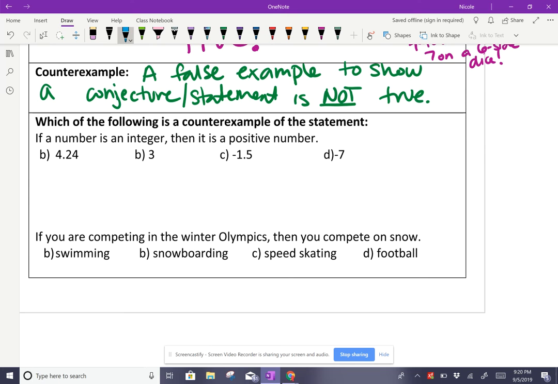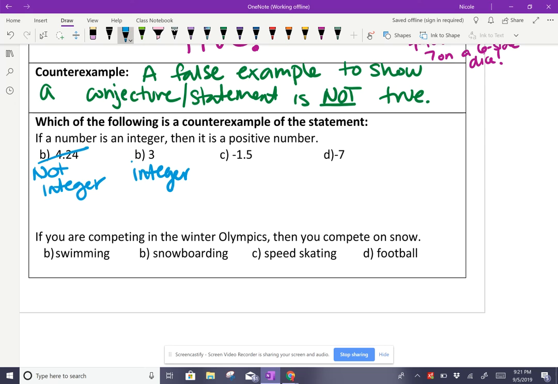So if we look at our examples, we have 4.24. This is not an integer. It has decimals. We do not include that. And then we look at 3. Is 3 an integer? Yes, it is. Is it positive? Yes. So it is not a good example of a counterexample.